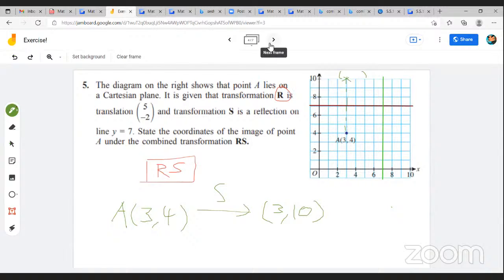Actually, no, it's definitely not the final answer because we still have 1 more transformation left to go, which is R. So now we have transformation R. Transformation R is the basic translation, which is translation (5, -2). So (5, -2) means that it will go.